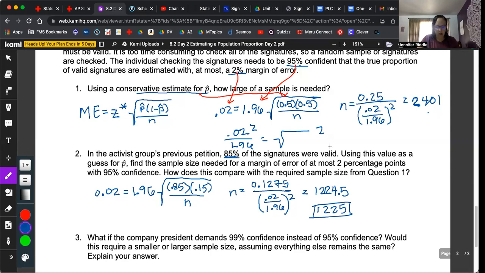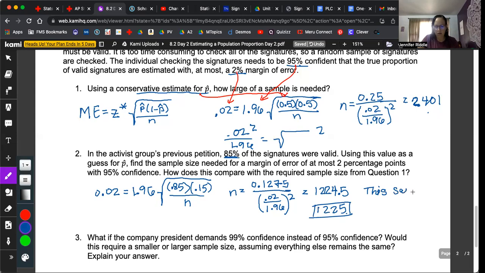All right, so we have to remember to do this last part. How does this compare with the required sample size in question 1? Well, much smaller. The sample size is much smaller, and that makes sense, right?